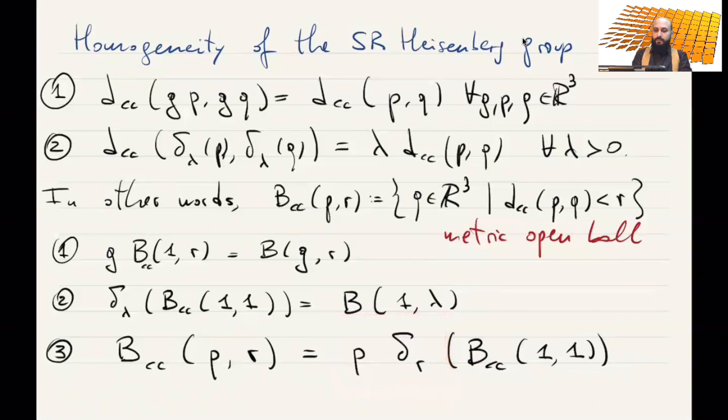Namely, if we know how these maps change measures, then we will know, given the volume of the unit ball, what is the volume of any other ball. So what I claim is the following. Let's fix the volume, the usual three-dimensional Lebesgue measure in R3.